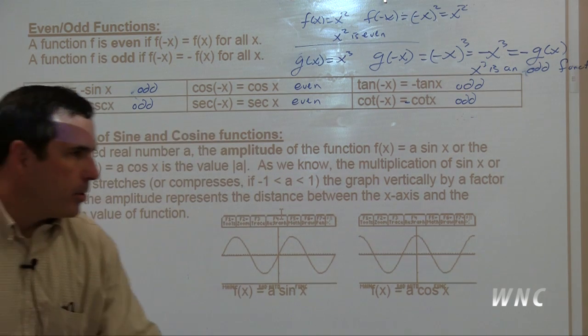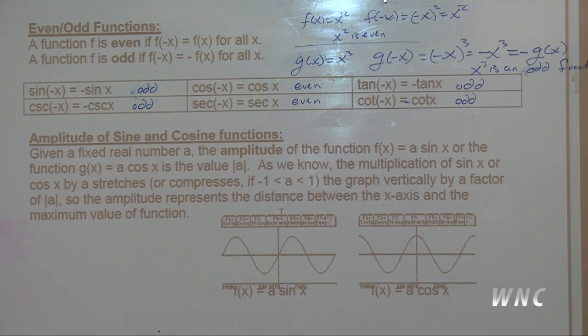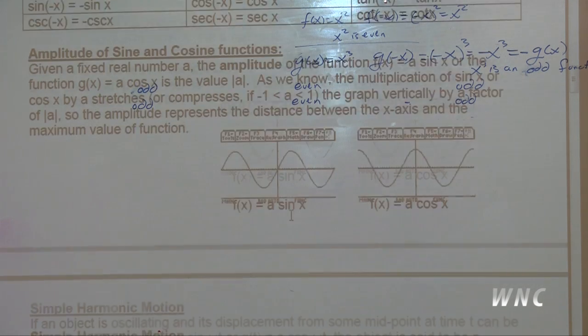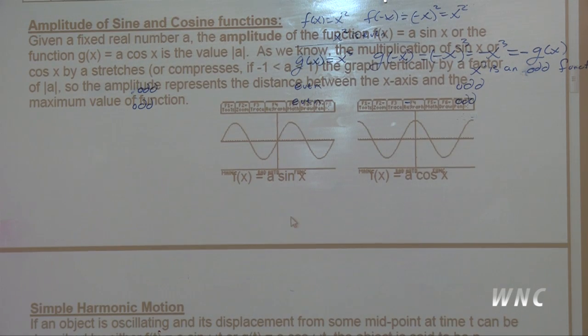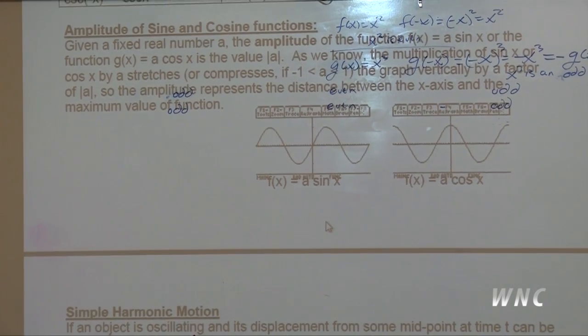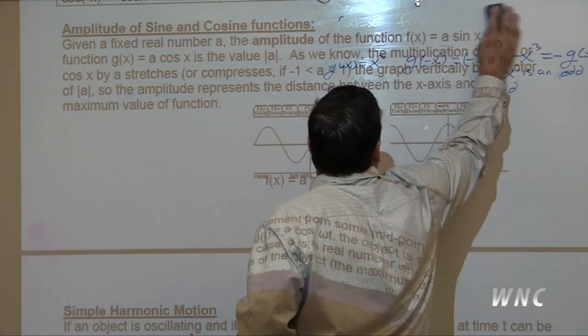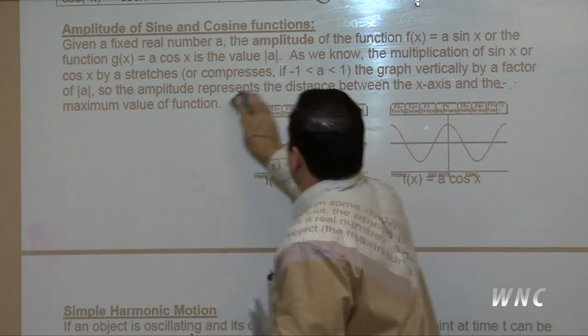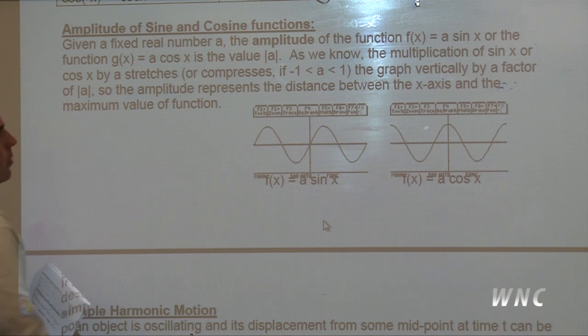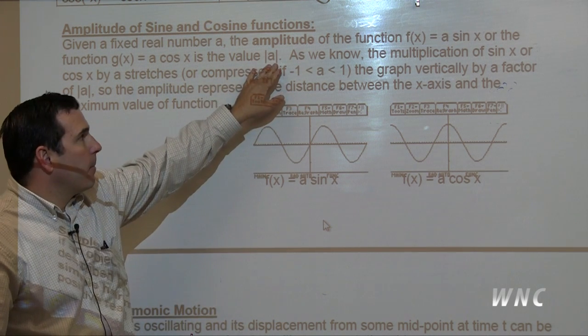Let's talk about amplitude. Amplitude of sine and cosine functions. Given a fixed real number a, the amplitude of a function f of x equals a sine x, or a function g of x equals a cosine x, is the absolute value of a.